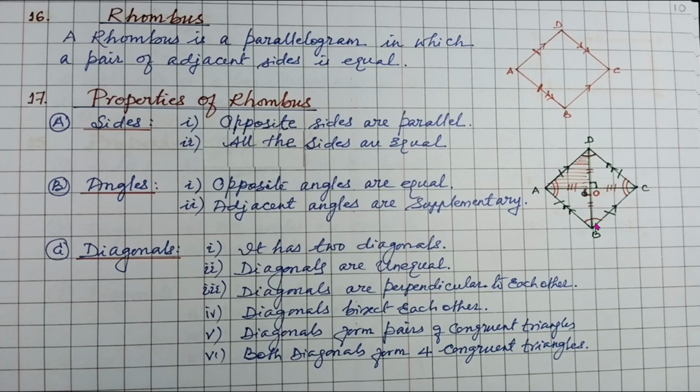Diagonals form pairs of congruent triangles, and both the diagonals form four congruent triangles. If you see the triangle AOD, it is congruent to the remaining three triangles formed there. Therefore a rhombus is divided by the diagonals into four congruent triangles. Please remember, this is a very important property of the rhombus in terms of diagonals.